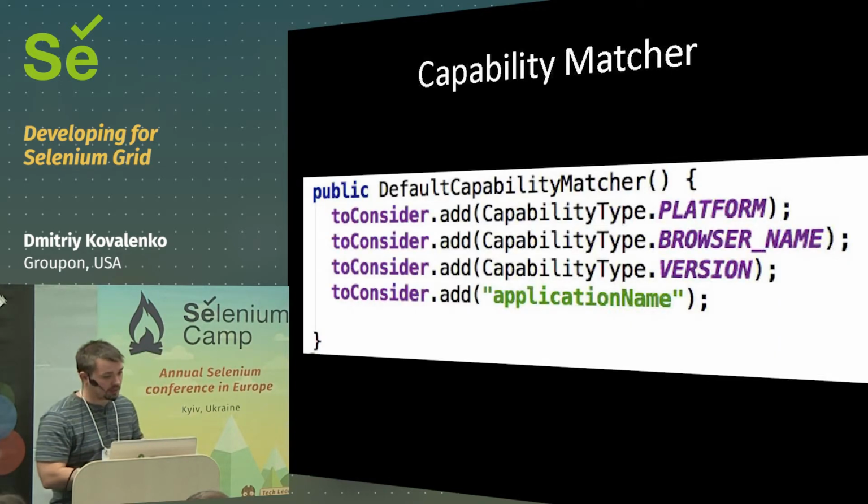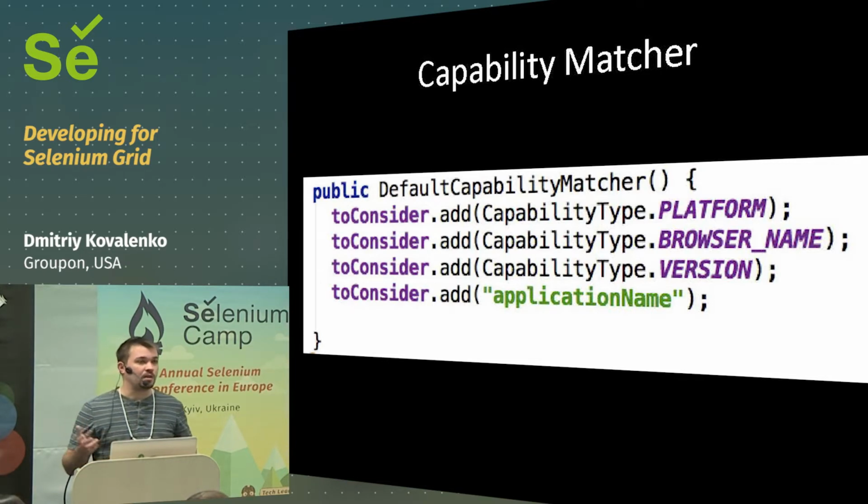Capability matcher class. By default, it checks platform, browser version, and browser name. You can make the capability matcher match something else. If, by default, say you have Internet Explorer 8, but you want to be able to say Internet Explorer 8.5 or Internet Explorer some other SP2 or some other capability that you want to declare explicitly, you can set up your own capability class and match on that.